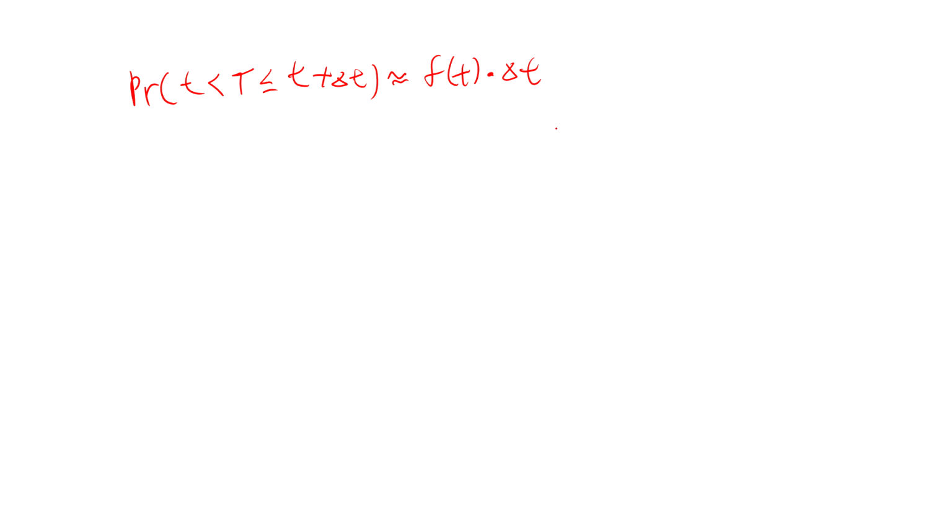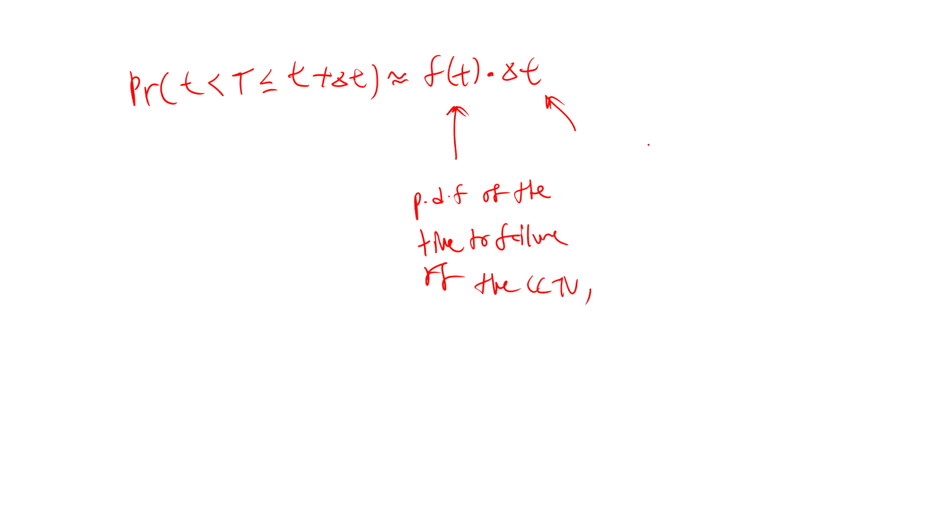So if you know the PDF of the time to failure of the CCTV, and let's say since you bought the CCTV it's now been 5 years, so t is 5 years, you wonder what is the likelihood that the CCTV fails in the next 1 year.